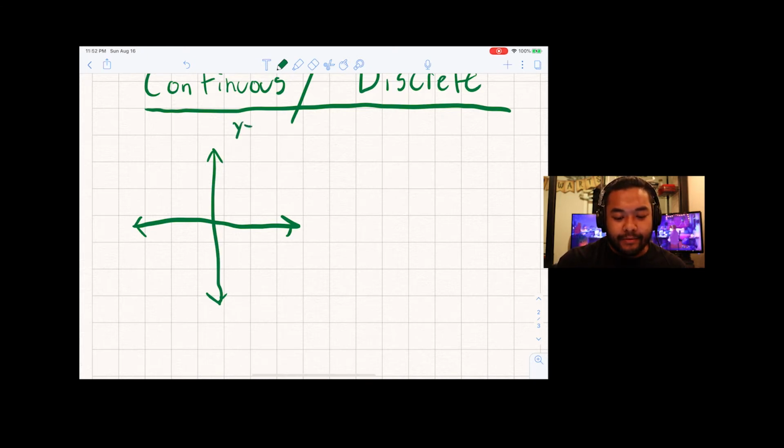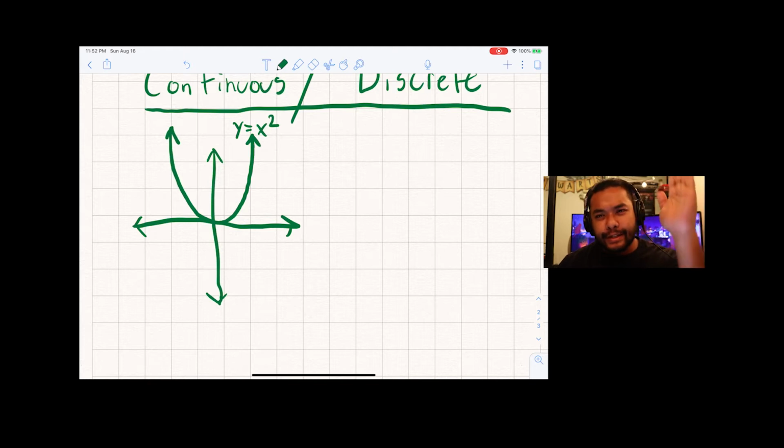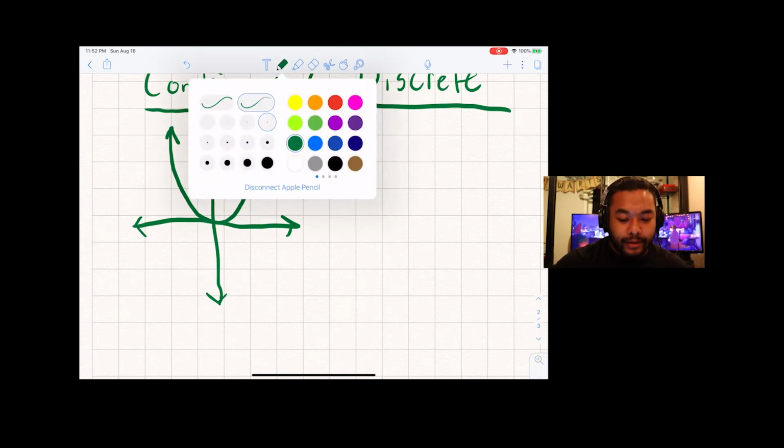Let's say something that looks vaguely like y equals x squared, a parabolic function or a quadratic function, then without leaving the page, this function is continuous. It flows all the way through every single point that it hits.